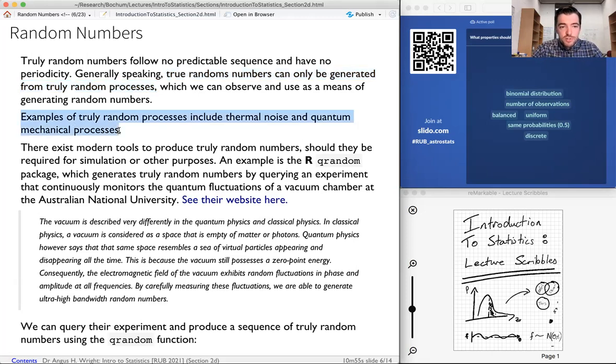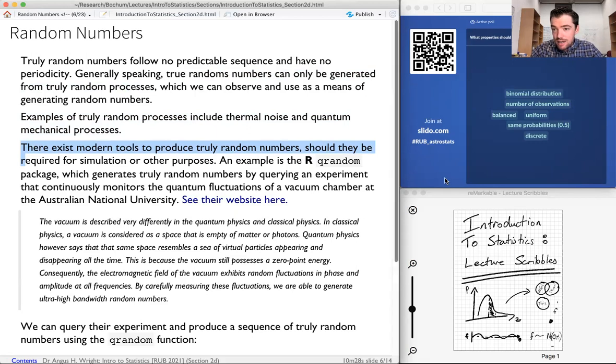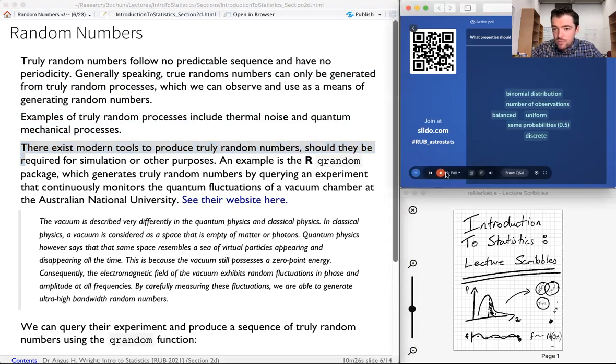Good examples of truly random processes are thermal noise, so heat, and quantum mechanical processes, which are obviously very good examples of random processes, because by definition they're not predictable. Going back many decades, generating truly random numbers was an extremely difficult task.